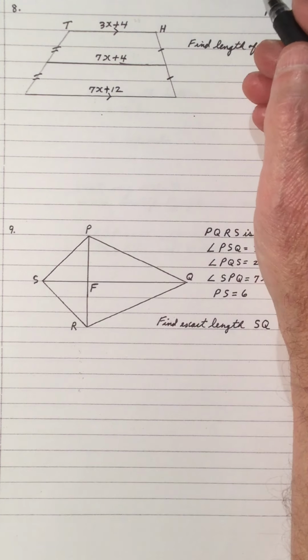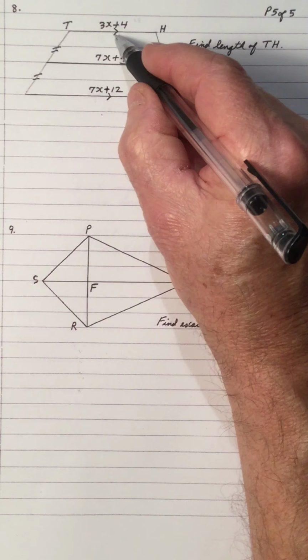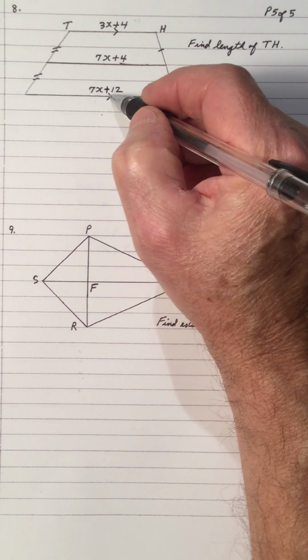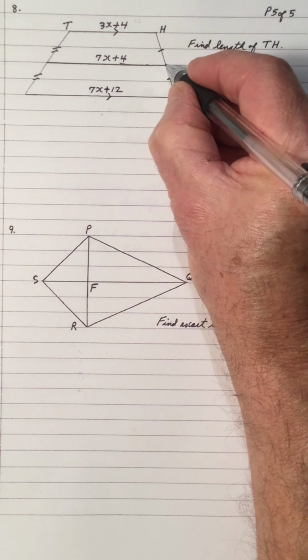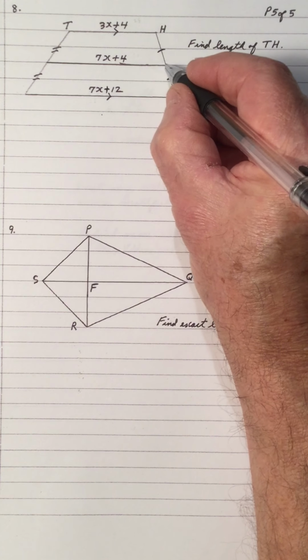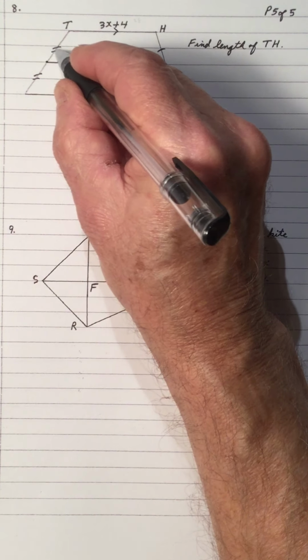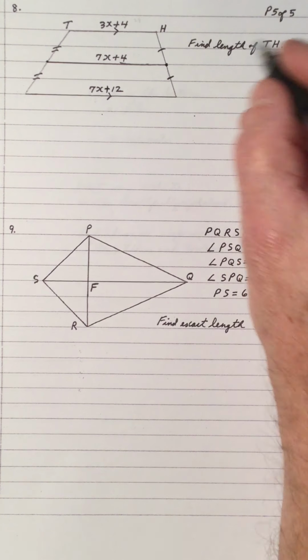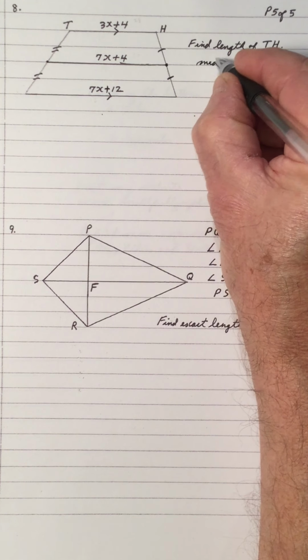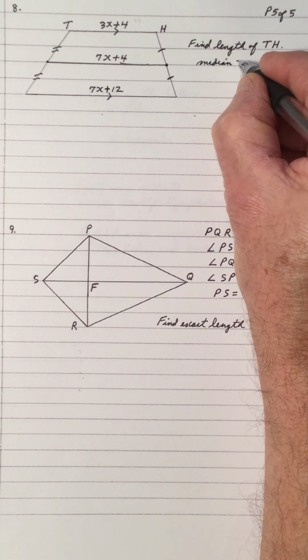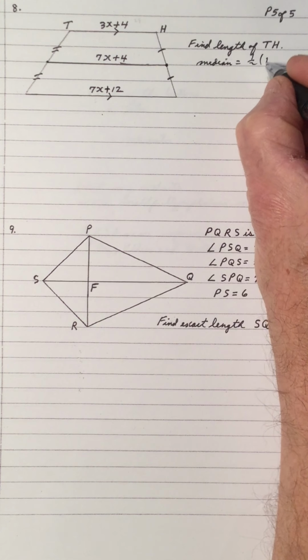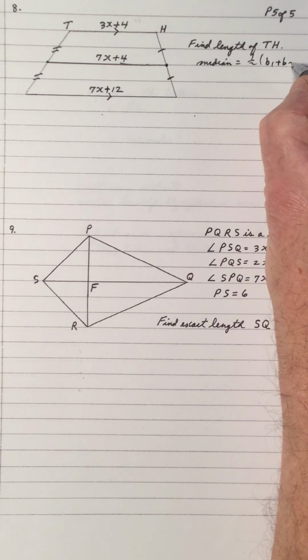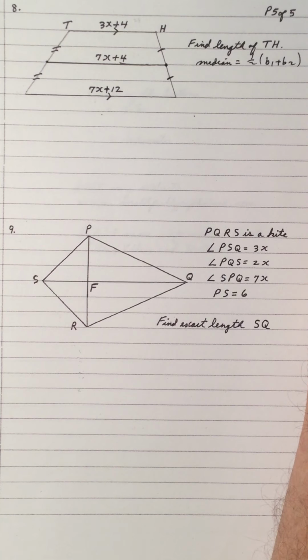Again, notice we have a trapezoid. We have these two sides parallel. We notice these are marked equal, so that's a midpoint, and these are marked equal, so that's a midpoint. So we know that the median of a trapezoid is half the sum of the bases, which is one of the earlier theorems.